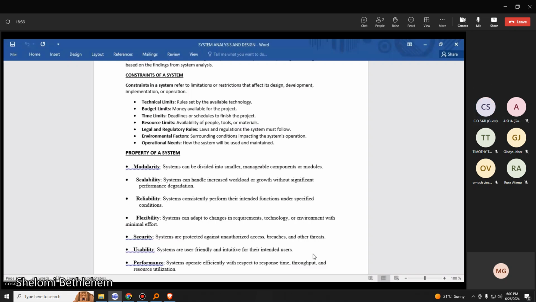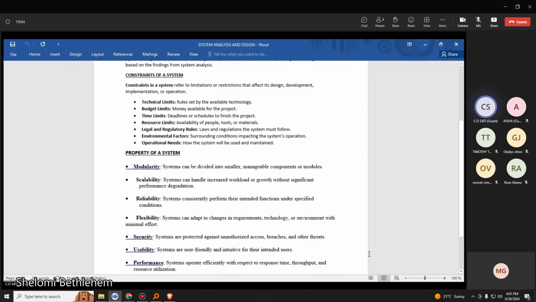This one can be divided into smaller manageable components or modules. Yes, thank you. When we talk of modularity, it's just dividing a system into smaller and manageable modules, right? I think the point is very clear and self-explanatory, as stated by Shilomi.